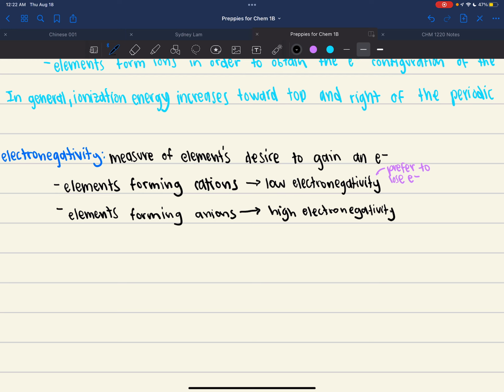To put this into another term, this also means metals over here, and this is most non-metals. And I put most for a reason, because noble gases have zero electronegativity.